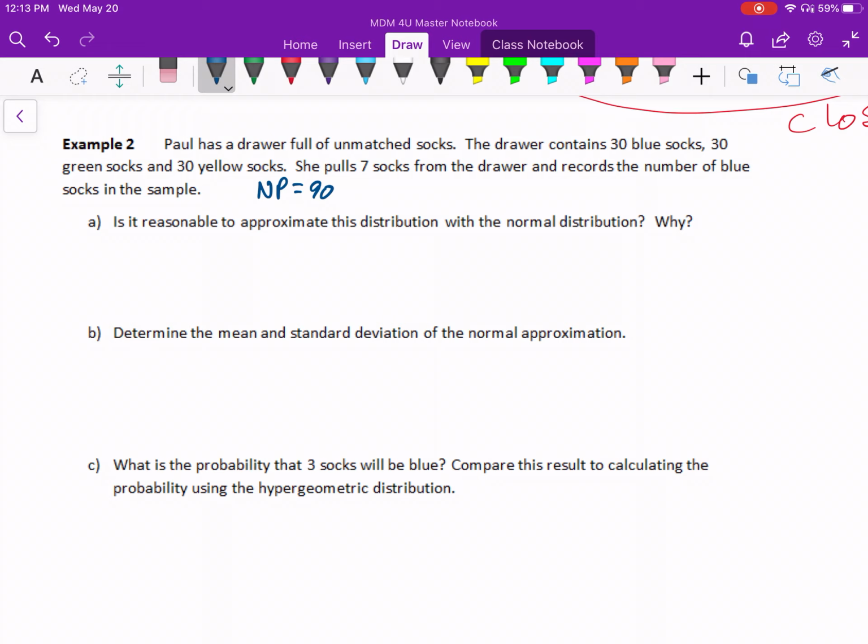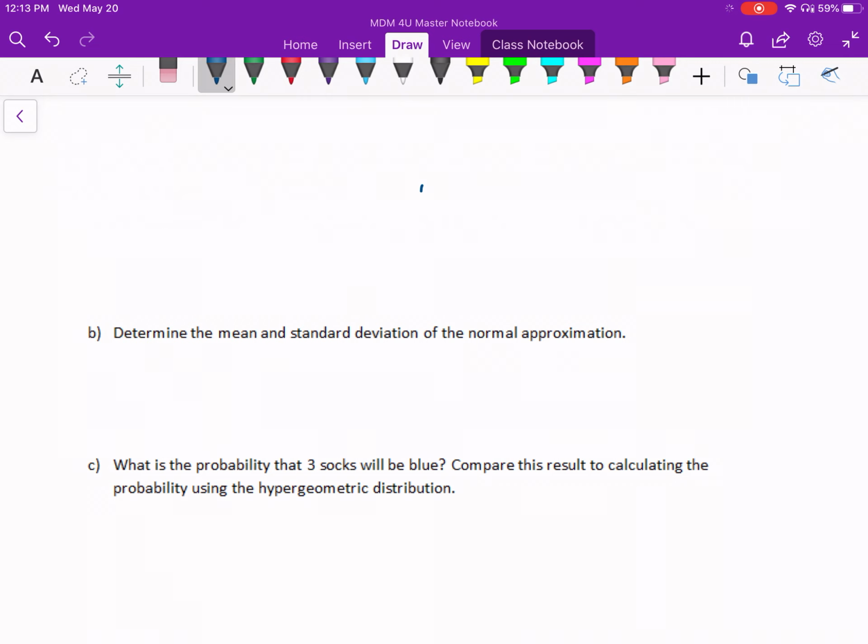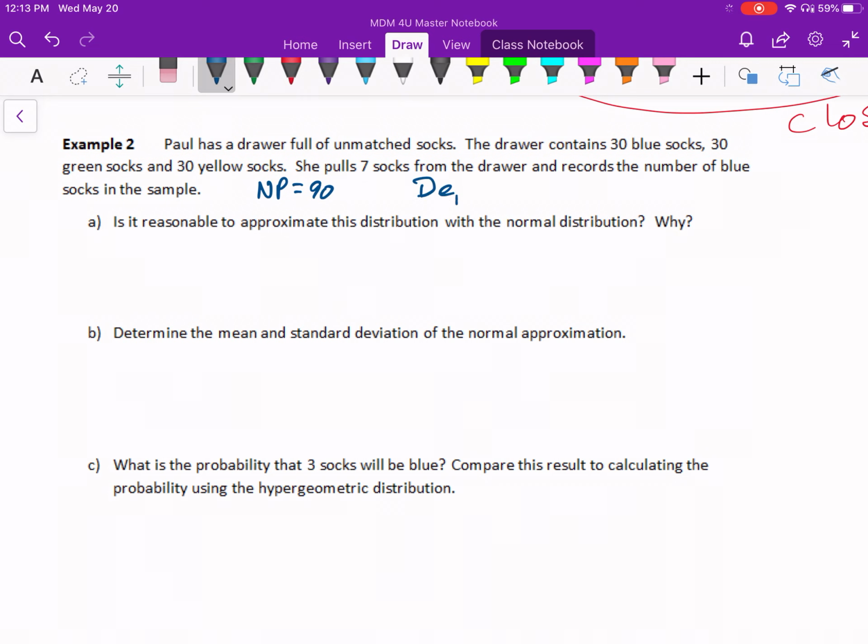Paul is a she. She pulls 7 socks from the drawer and records the number of blue socks in the sample. All right, so pulling socks out of a drawer without putting them back in makes it a dependent situation. And again, it's discrete for sure.